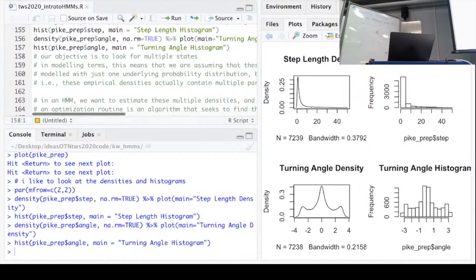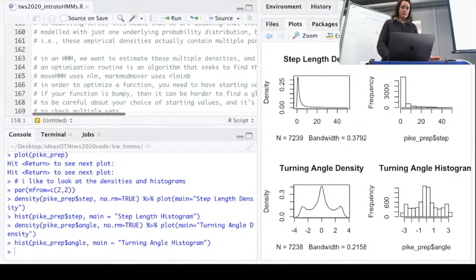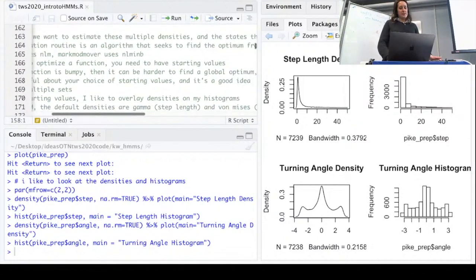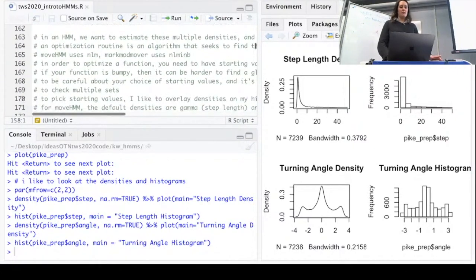And by empirical distribution, I just mean the one that's actually calculated from the data itself. But then we're going to model it, and that's going to give us a different distribution. So we're assuming that there are multiple states underneath, and there are multiple distributions that are giving us those observed ones. So in an HMM, we want to estimate those multiple densities and the states that relate to them and the entire sequence of states through the path.